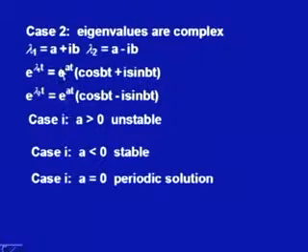When a is equal to 0, the first part will be cos bt plus i sin bt, the second part will be cos bt minus i sin bt, and the solution will be a linear combination of these two. This linear combination can be solved, and one can find the trajectory, which is periodic. So, when a is equal to 0, we will have a periodic solution.